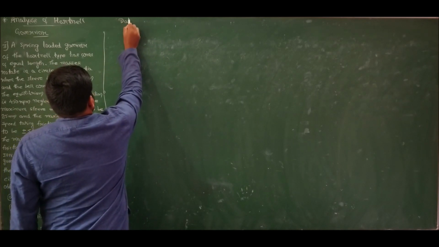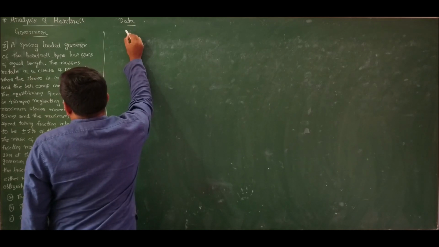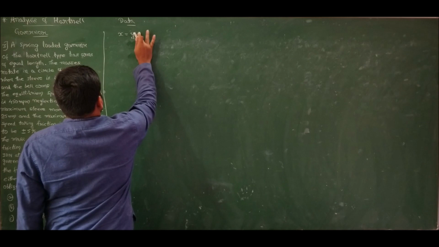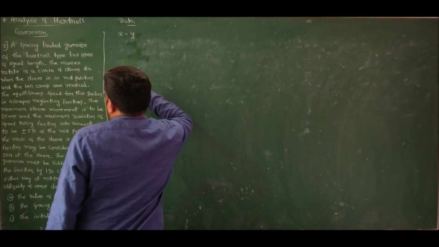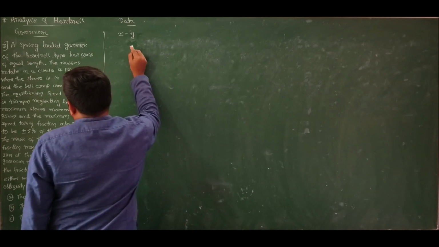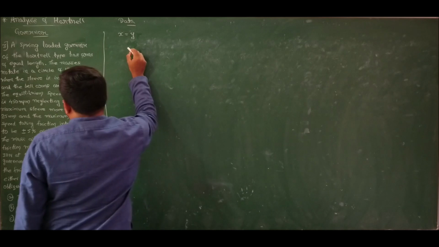If we restate the data given, a spring-loaded governor of Hartnell type has equal arms. That is, ball arm and sleeve arm are equal. It is not specified how much that is. The masses rotate in a circle of diameter 130 mm when the sleeve is at mid position.